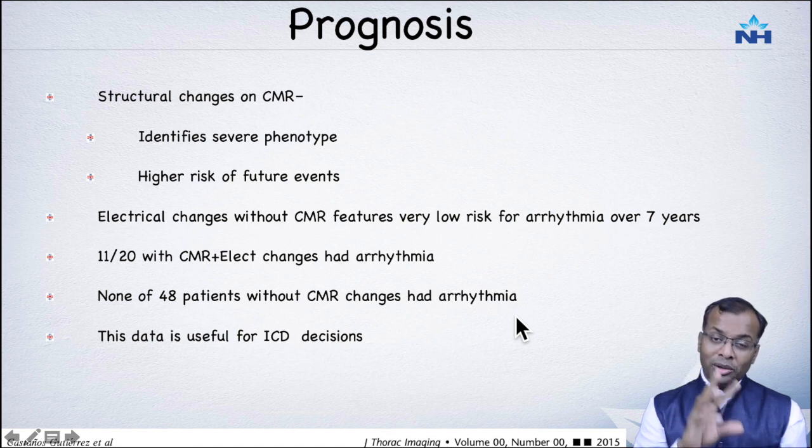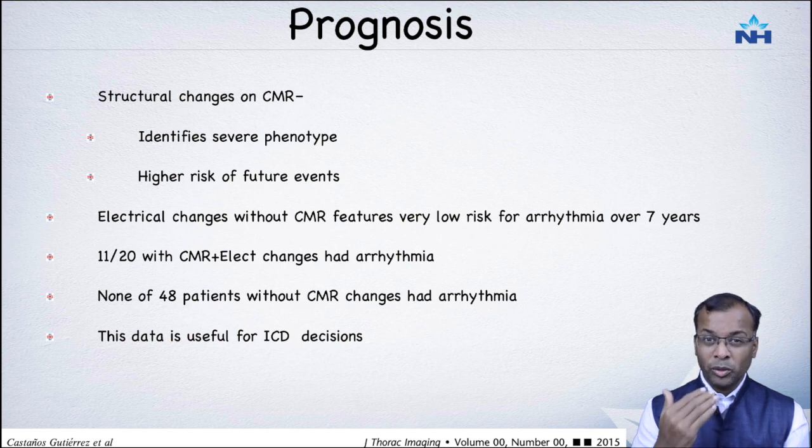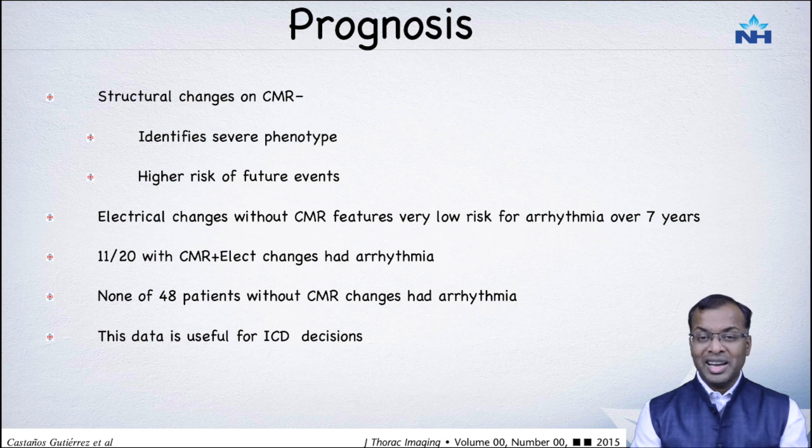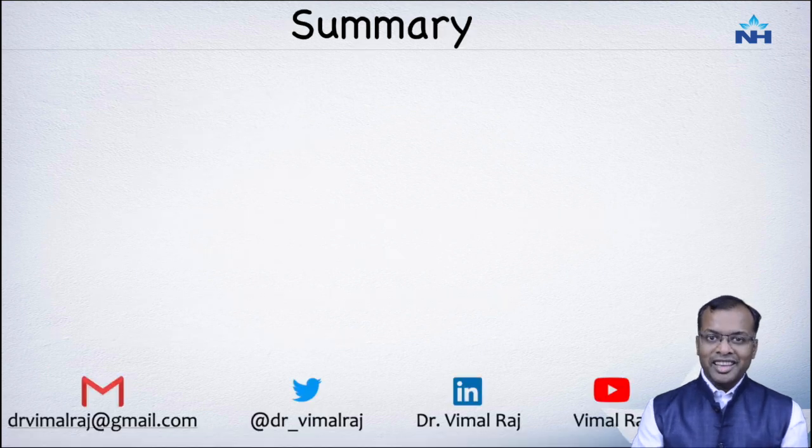So a normal cardiac MR or absent cardiac MR features seems to be protective, while if you start seeing changes in cardiac MR, that assumes a poor prognosis in these patients. And this data can be used for ICD implantation decision.